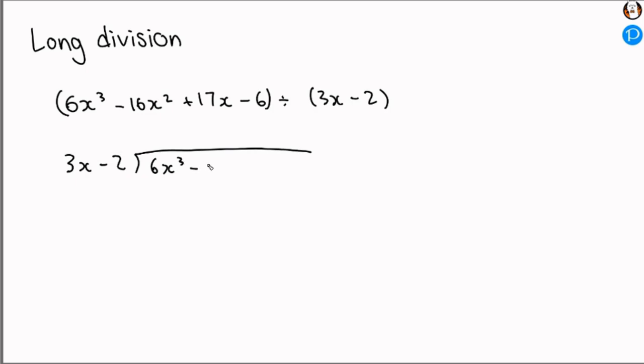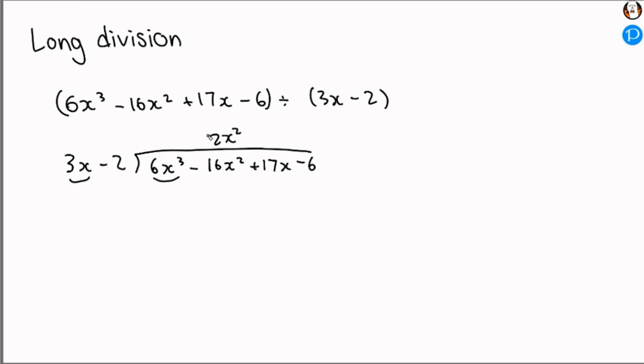And the first polynomial on the inside. Let's look at the first term. 6x to the power of 3 divided by 3x. We're going to get 2x to the power of 2.